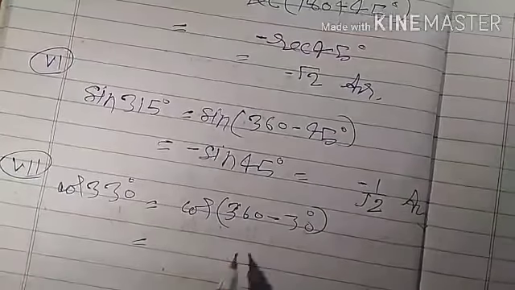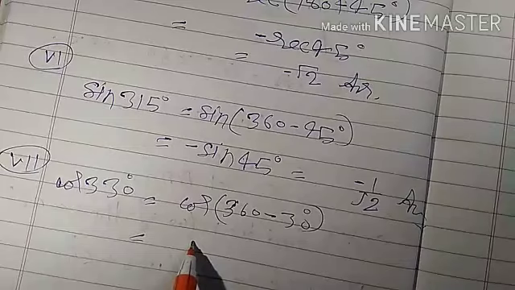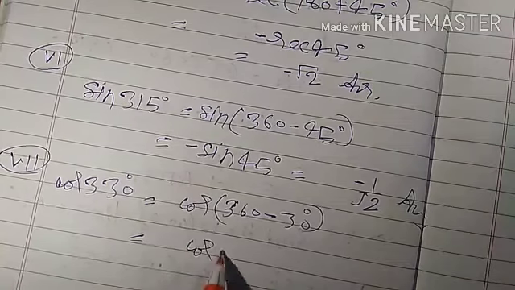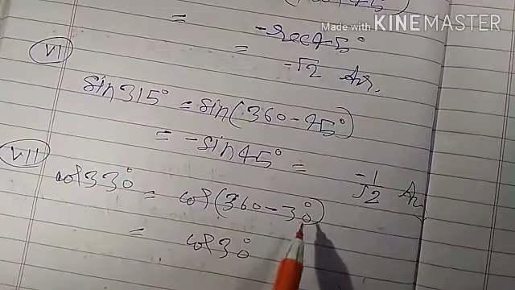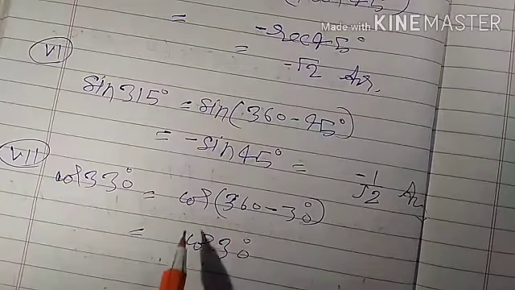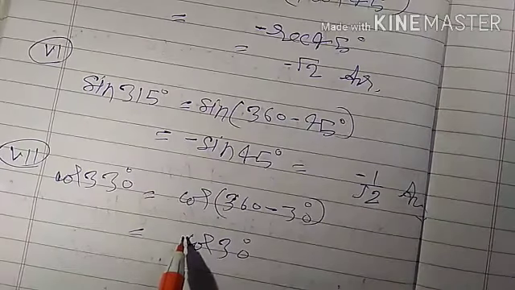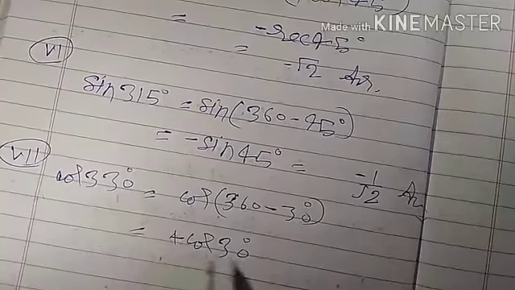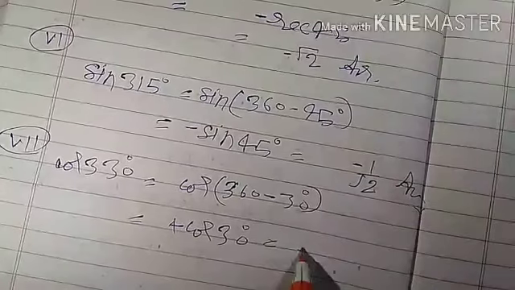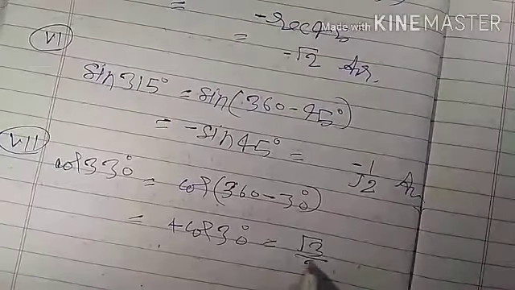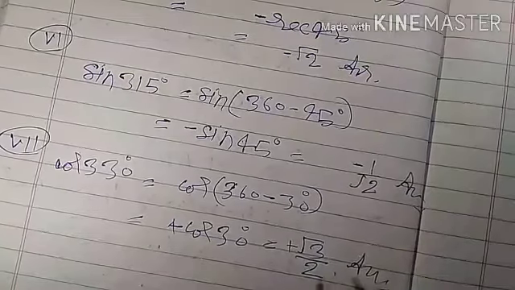For 360 minus theta, the function change is not allowed, so we can write cos 30 degree, and 360 minus theta is in the fourth quadrant. In the fourth quadrant only cos theta and sec theta are positive. So cos theta is positive, and the value of cos 30 degree is equal to square root 3 by 2. So plus square root 3 by 2 is the right answer.